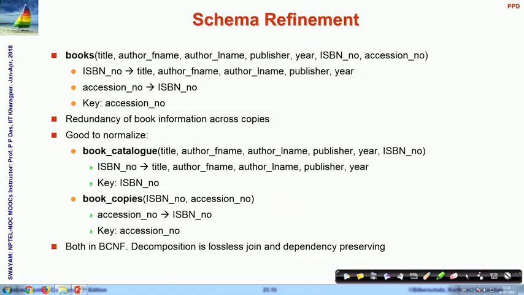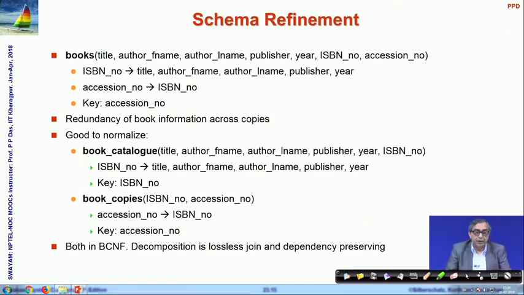If there are multiple copies of the book, each one of them will have a separate entry, because they have a separate accession number, but their ISBN number and everything else will be redundant. So, we can easily see that the given relational schema actually has redundancy across copies of the book.